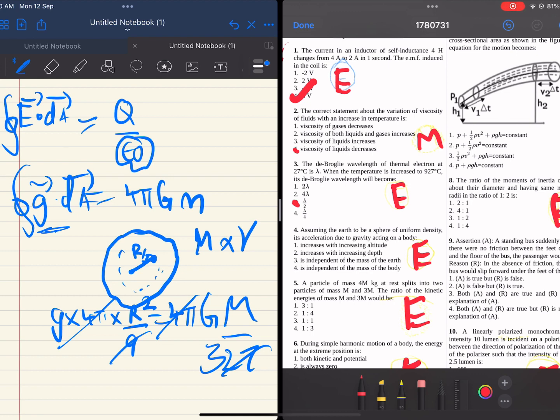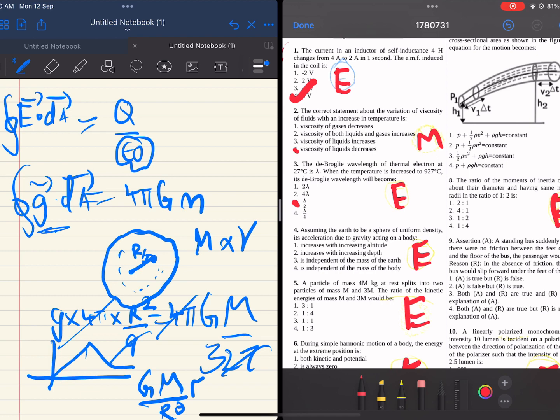Or we can just evaluate using the graph that we already know. This is the graph. We know it is gm by r cube times r, it is proportional. So if you put small r as r by 3, we'll get gm by 3 r square.